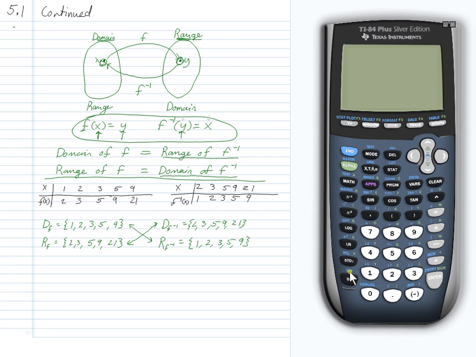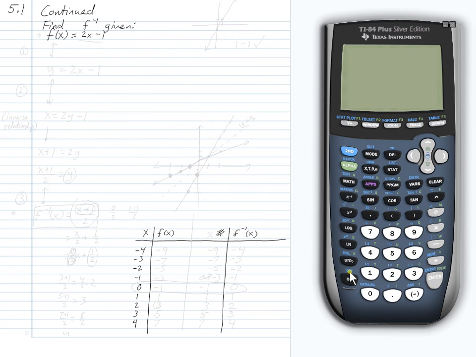The inverse takes outputs in as inputs and returns those inputs that we started from as its outputs. So the inverse function swaps x's and y's, essentially. The old y values become the x values, and the x values now become the outputs, or the y values.